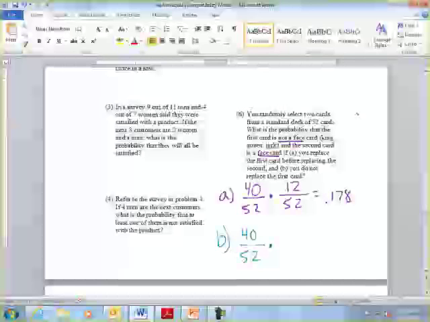So then, how many face cards are still in the deck? There are still 12 face cards because whatever card we picked wasn't a face card. So there are still 12 face cards left out of how many cards we're picking from? 51, because we're still holding on to that first card, whatever that first card was.